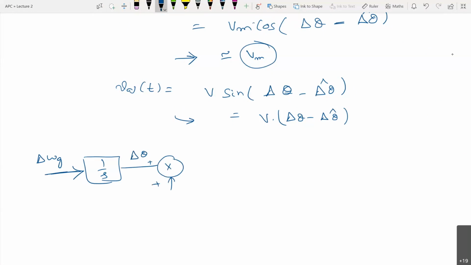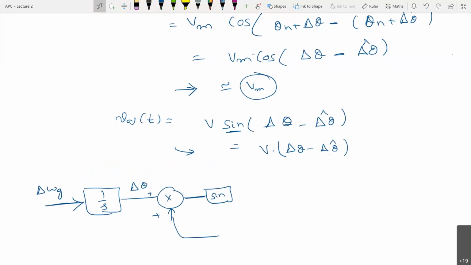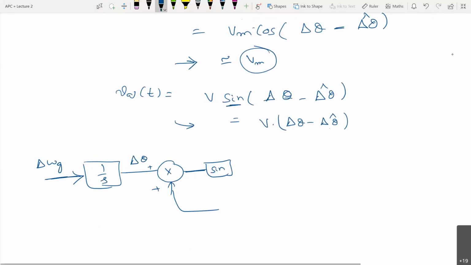This plus here, right? So from that, we have this sine term. So this delta theta, this theta t, is in terms of this omega g. So this is delta theta and this is delta theta dash.